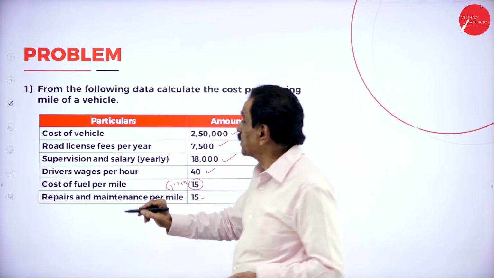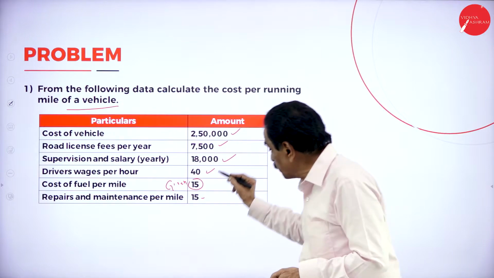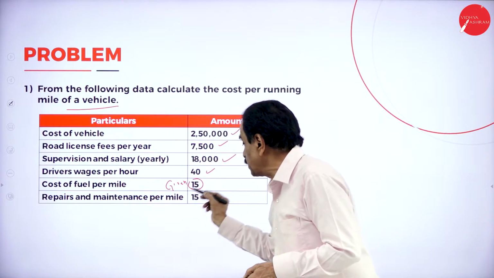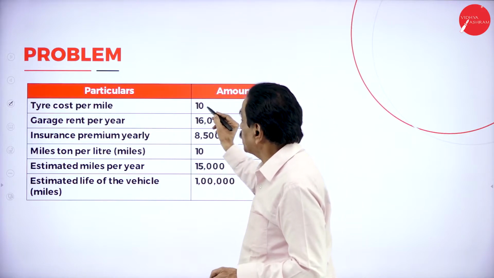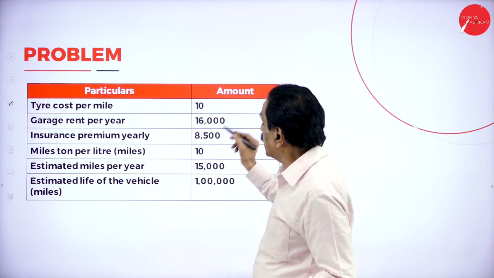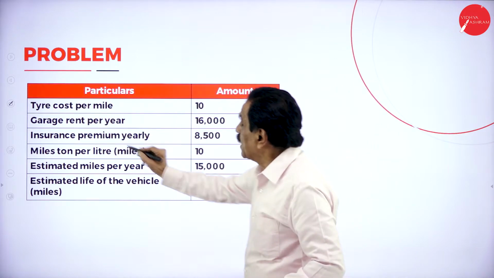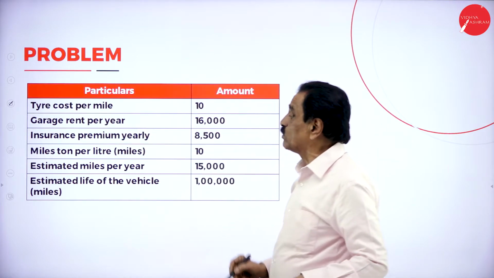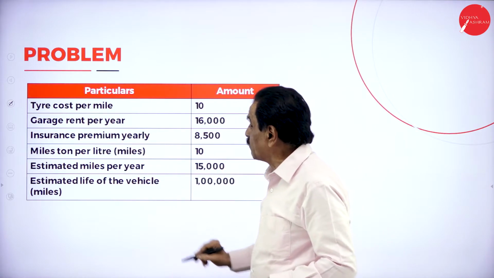We want to find out the cost per mile of a vehicle. He has given cost of fuel per mile, and repairs and maintenance per mile. Tire cost per mile is 10. Garage rent per year is 16,000 per annum. Insurance premium yearly 8,500.